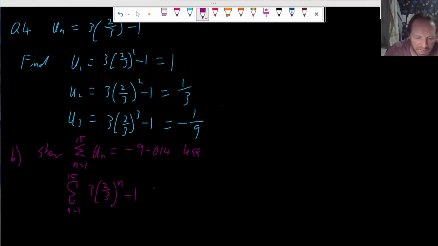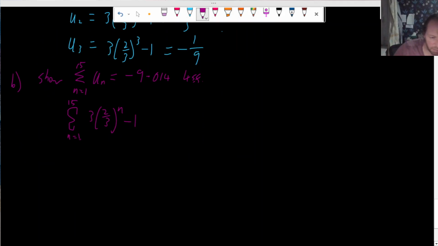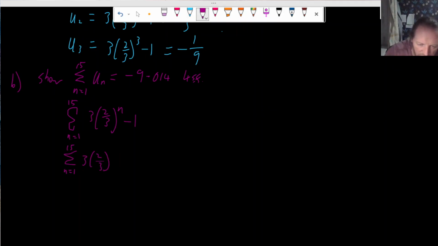Now we don't really have a good way of dealing with that because of the minus 1 each time. But what we can do is separate that up. Because it's separated with a minus, we can say 3 times (2/3)^n, minus the summation from n equals 1 to 15 of 1.